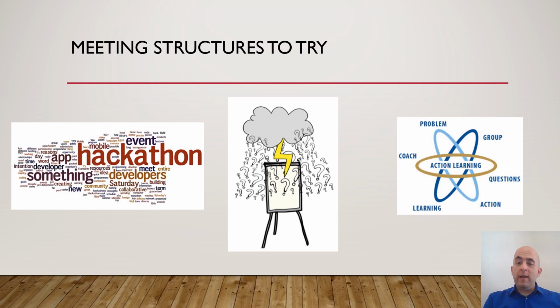So these are defined meeting structures to try in your next meeting. And what their purpose is, is that these structures, these ideas, are tailored around a specific purpose or goal. So hackathons are for creative innovation and problem solving. Q-storms are strictly a problem-solving and brainstorming technique.